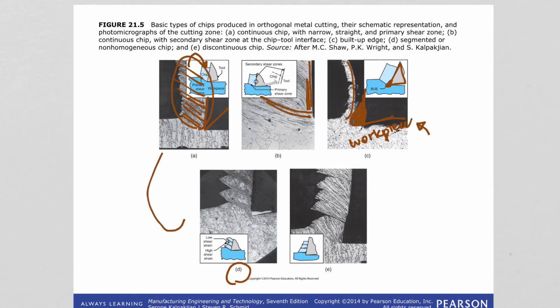As you can see, it is not continuous like this one. It is semi-continuous like this. And it has large zones of low shear strain here, and then small zones of high shear strain at the tips.